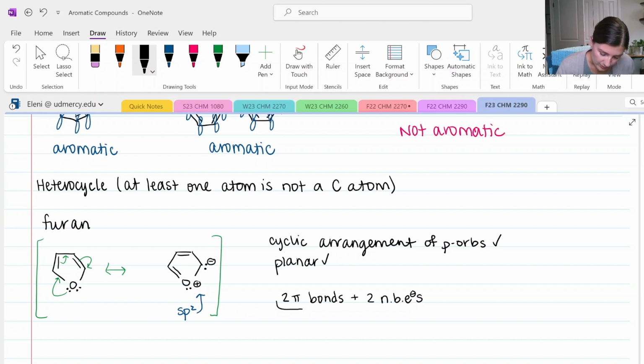So in total, we have 2 electrons per pi bond, so that's 4, plus the 2 non-bonding electrons. That's 6 pi electrons in this ring that can resonate throughout the ring. We know from our benzene example that having 6 pi electrons aligns with Huckel's rule, 4n plus 2, where n is equal to 1. So we have the right number of pi electrons. So here we have an aromatic compound.